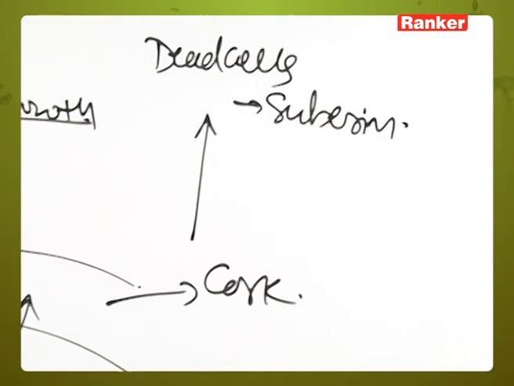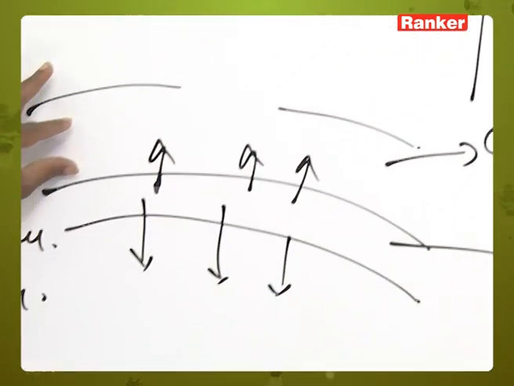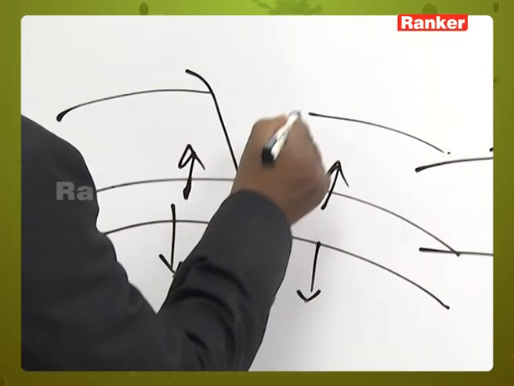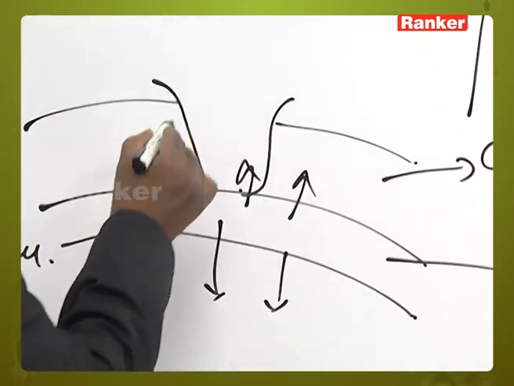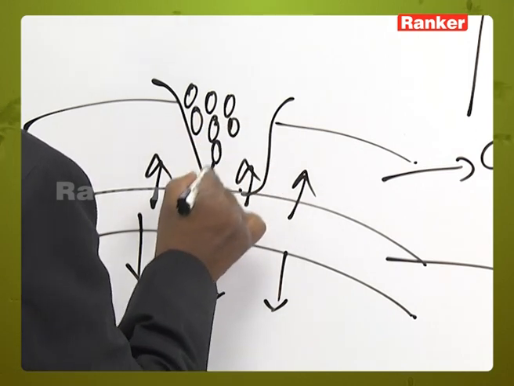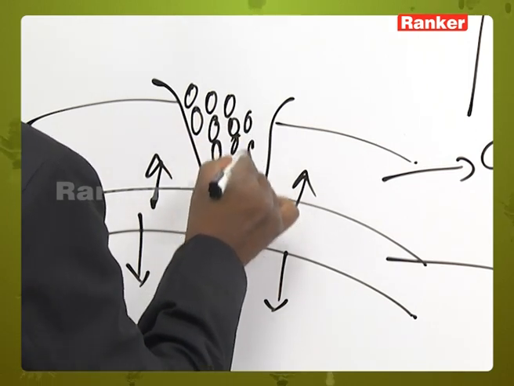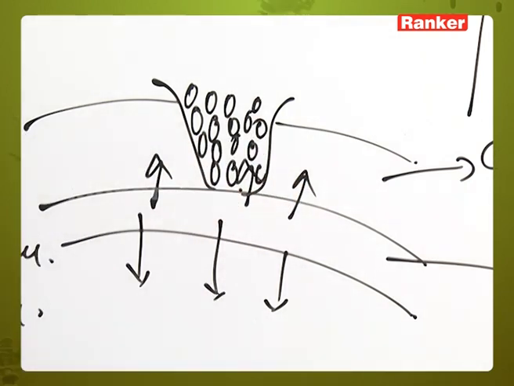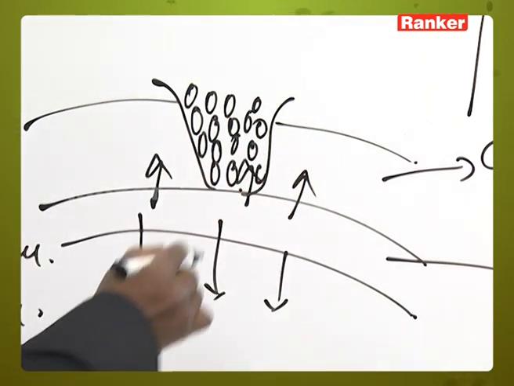But at some places in cork, living cells are also present. In the cork region, at some places, living parenchyma cells are also present.